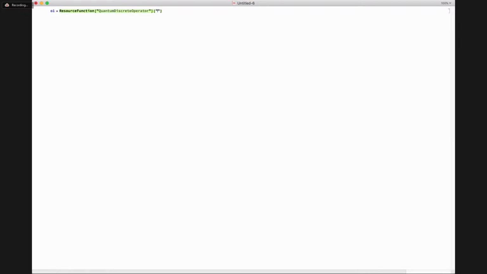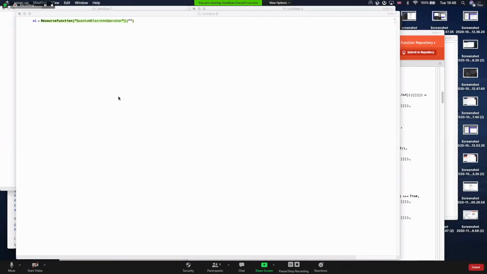Oh, okay. So if you go to, this is the downside with only sharing one window, but if you go to quantum discrete operator, why don't you share multiple windows that way? Is there a reason not to? Okay, I guess there isn't a reason not to. Hang on, let me do that. 1 second. Sorry, I have to unshare and then reshare desktop 2.